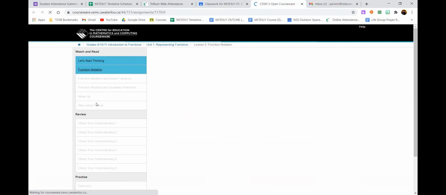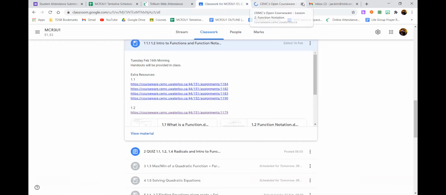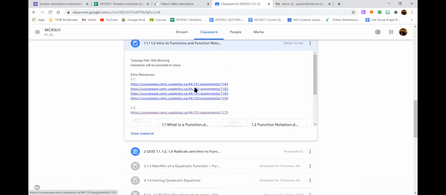So you can go to that and practice. But since not everyone here will have access to a computer or they don't want to use it, I'm going to assign some textbook work for you just to keep yourself busy a little bit and practice.